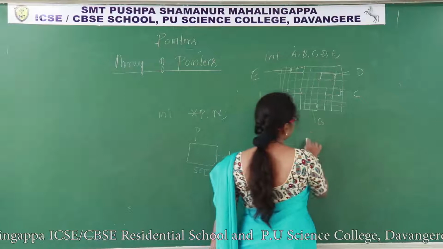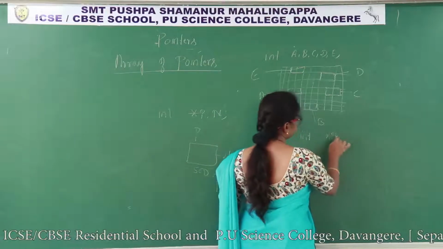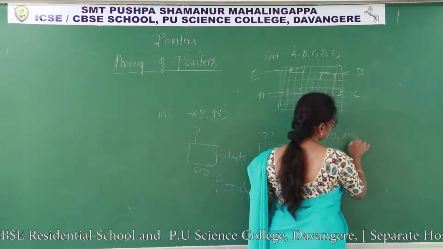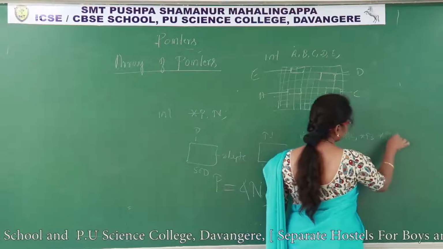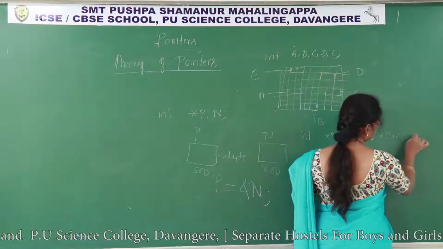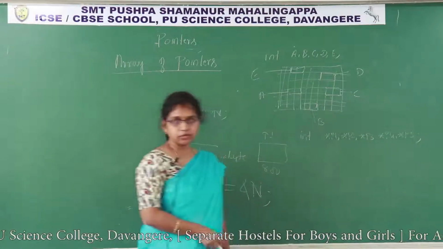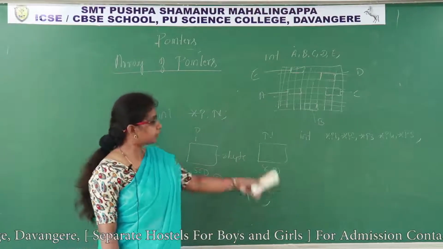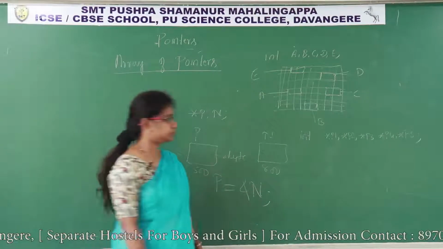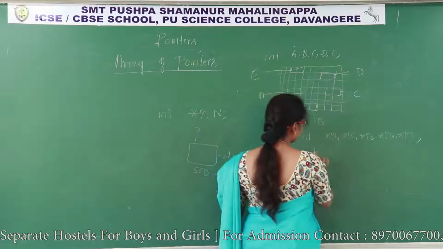I can write like this: int *P1, *P2, *P3, *P4, *P5. In order to store addresses of these 5 variables, I have taken 5 different pointers. How to store addresses?